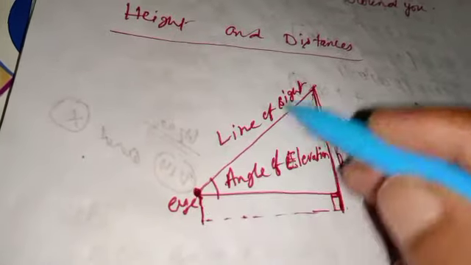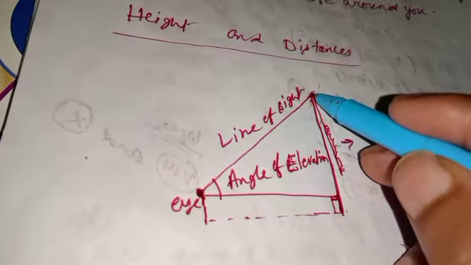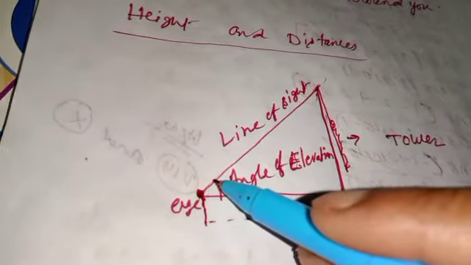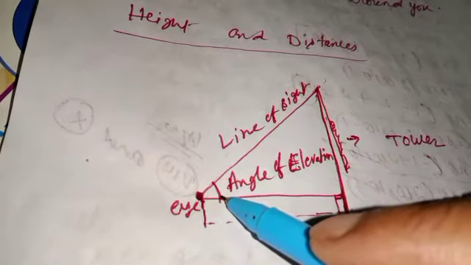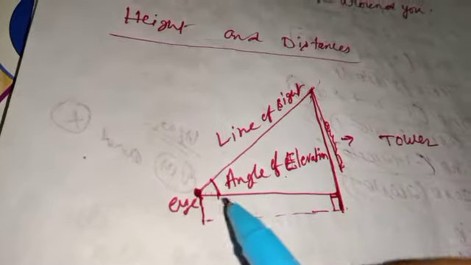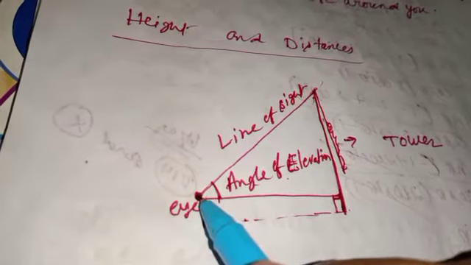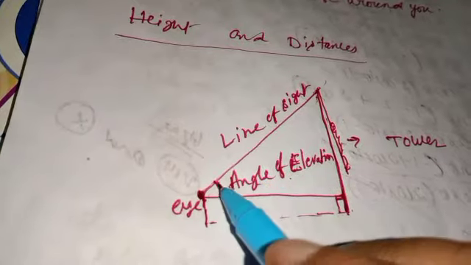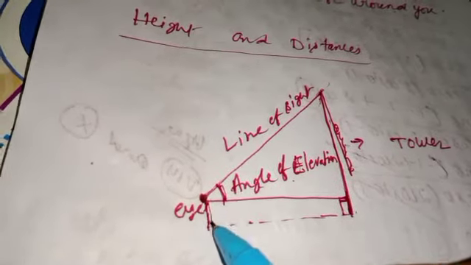That means when you see this object on the top of the tower, the angle formed is called the angle of elevation. This is your eye's line of sight, and this is the angle of elevation, and this is the height.